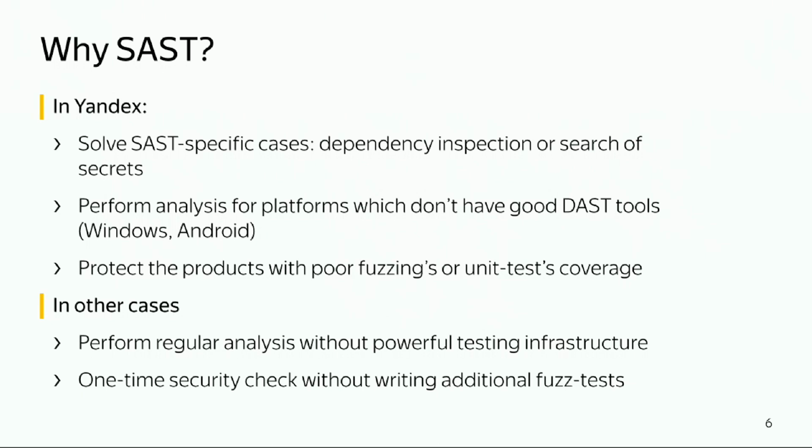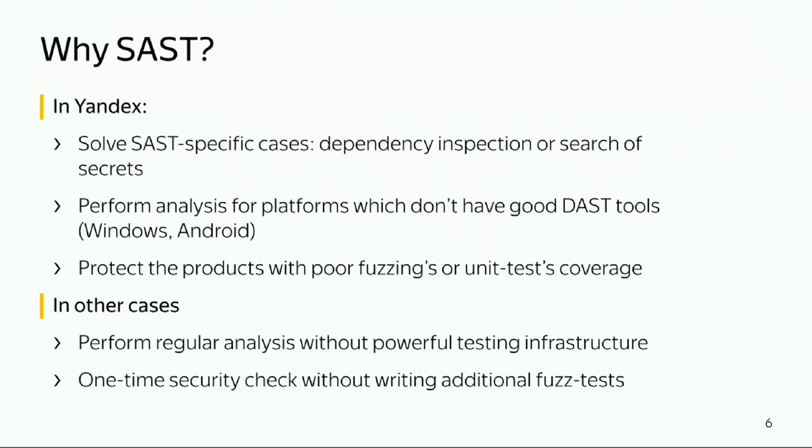For example, sometimes we get projects acquired by our company that were not developed by our teammates. They don't have very good quality, and we cannot write a lot of tests for them, so we just use the SAST approach.